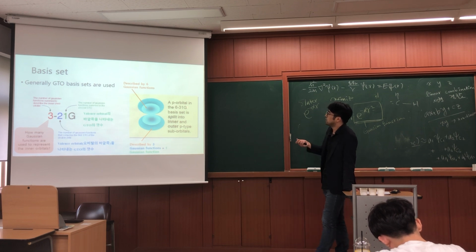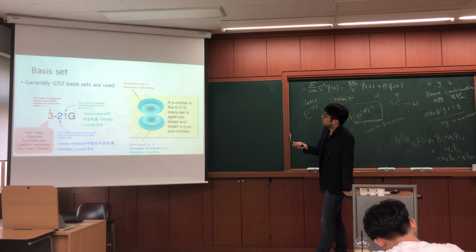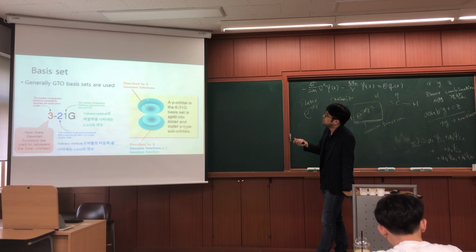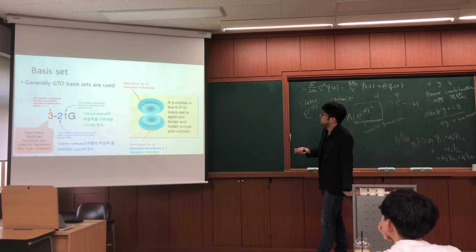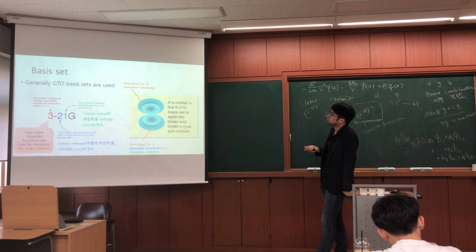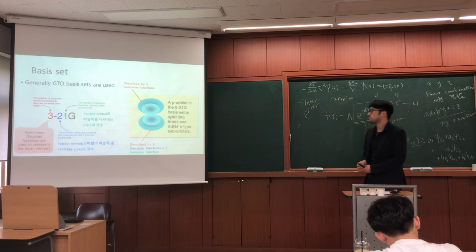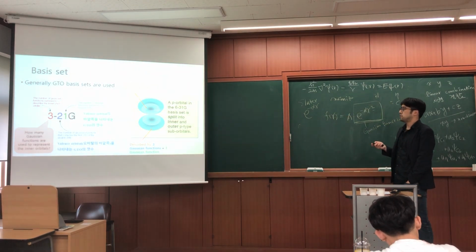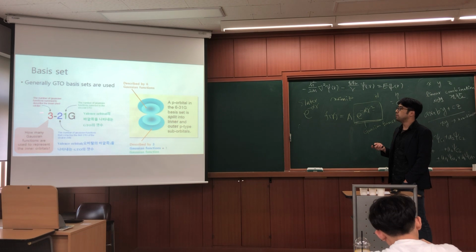In this example, if we use the 631G basis set, then the inner side is described by 6 Gaussian functions, and the outer part is described by 3 Gaussian functions plus 1 additional Gaussian function. So we can easily think that 631G will be more accurate than 321G.